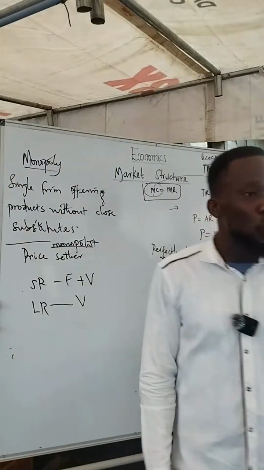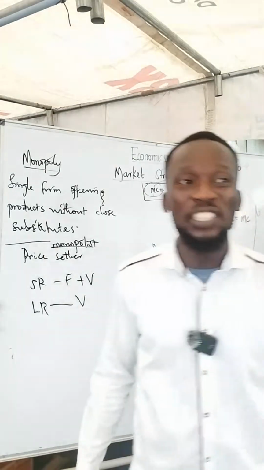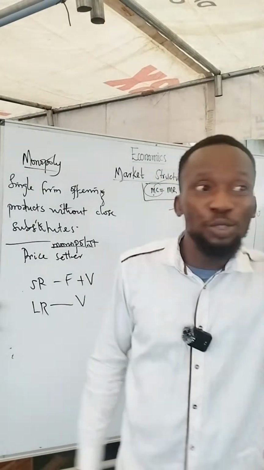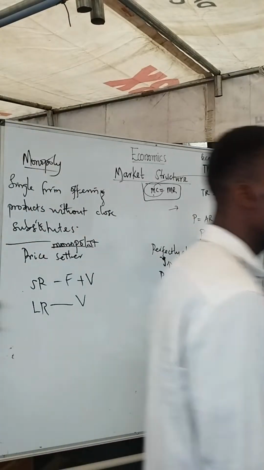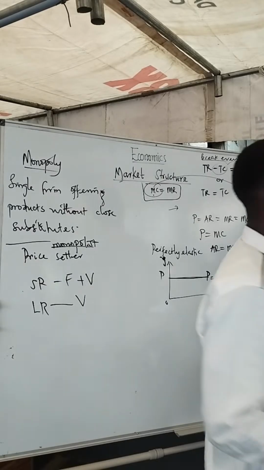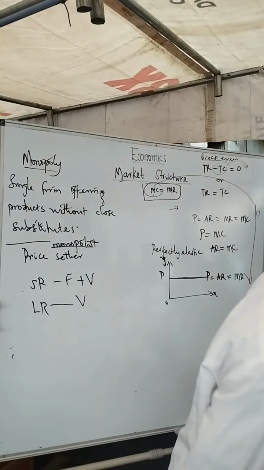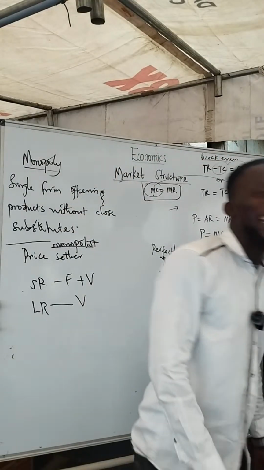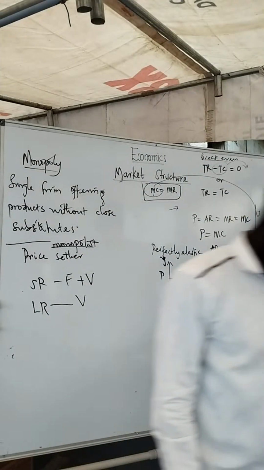If he reduces the quantity he wants to supply, invariably he's shooting the price up. And if he chose to shoot the price up, he knows that he is reducing the quantity he's supplying, because he cannot have both.